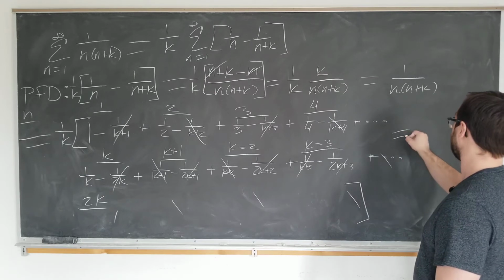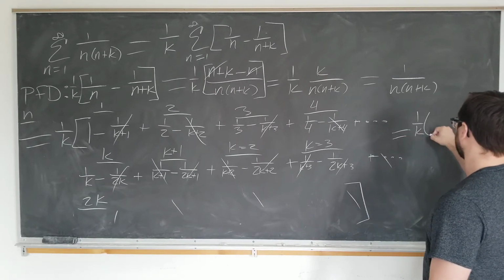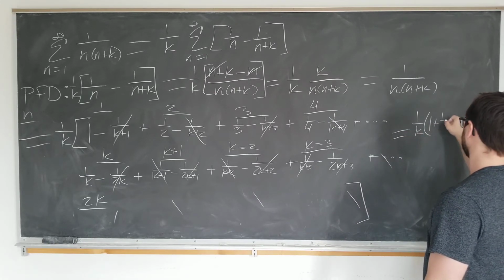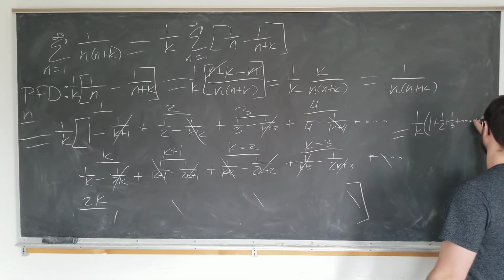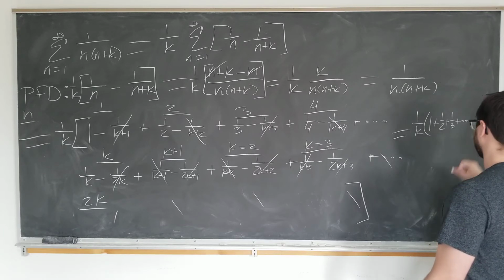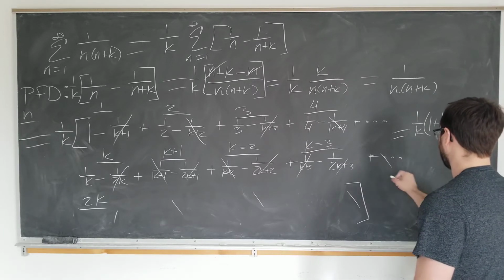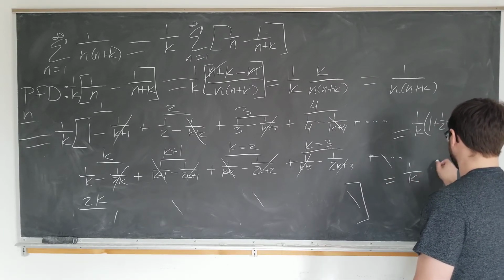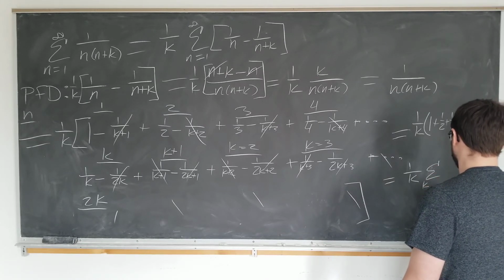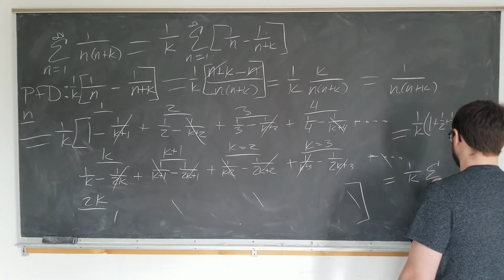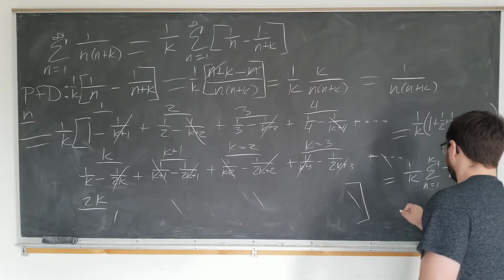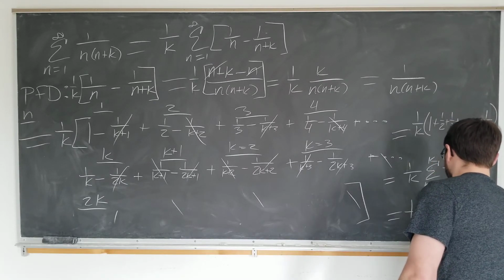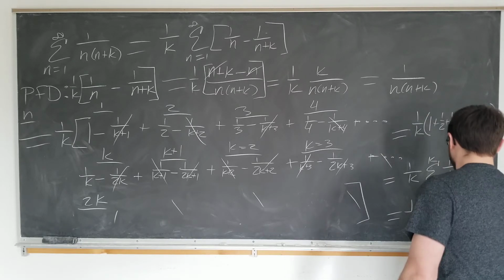And I'm going to say that this is equal to 1 over k times 1 plus 1/2 plus 1/3 plus etc. all the way to 1 over k, which we can rewrite as 1 over k times the sum as n goes from 1 to k of 1 over n.